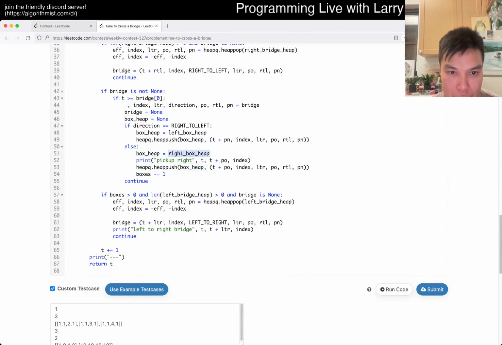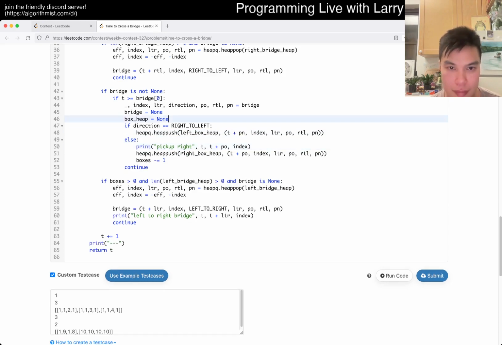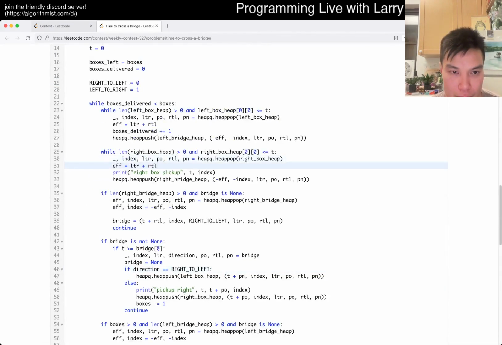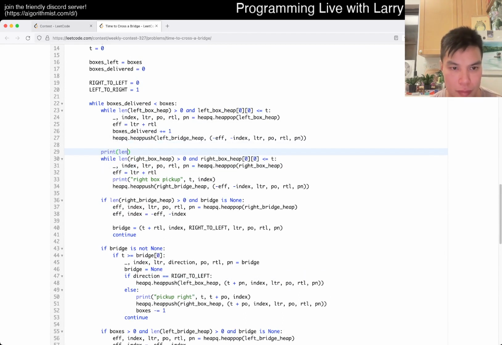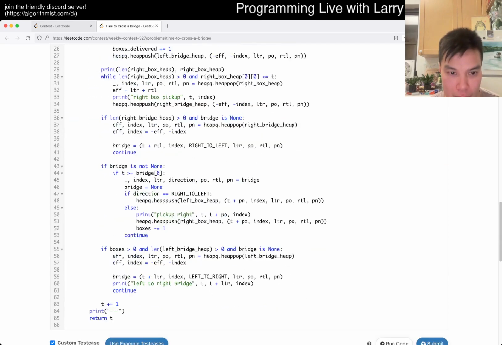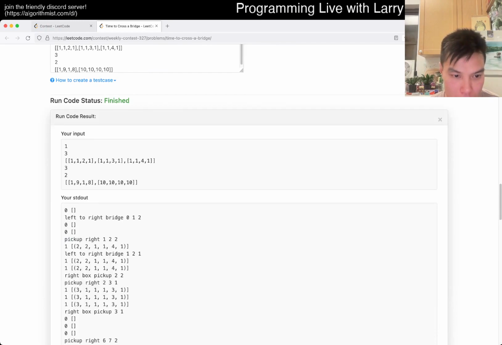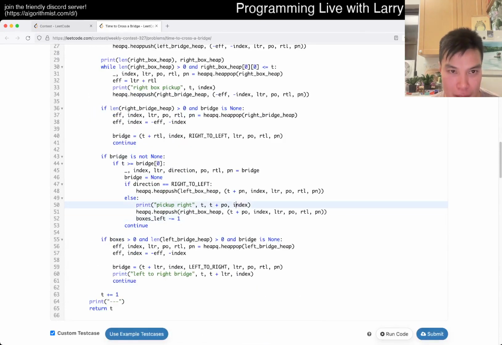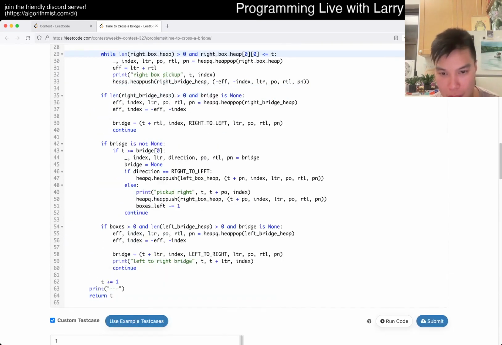Why is this not right? Why is this not triggering? Oh, I think I did. It should be boxes left here. 15 and 67. Still wrong, I believe. 15 is definitely way pessimistic, but at least I finally got it. Or I don't know. I fixed one bug at least.